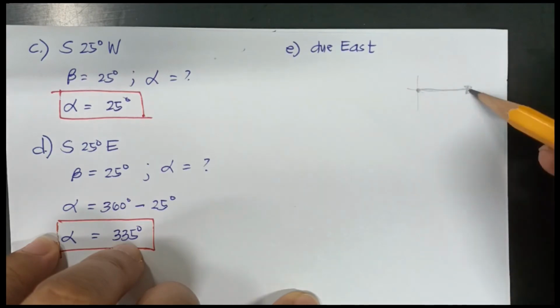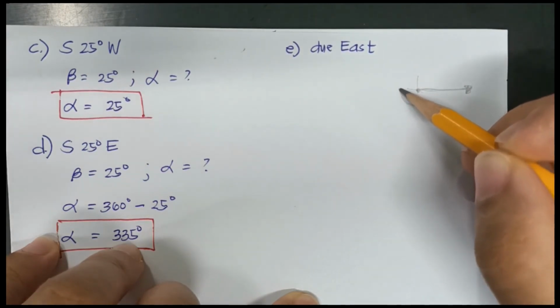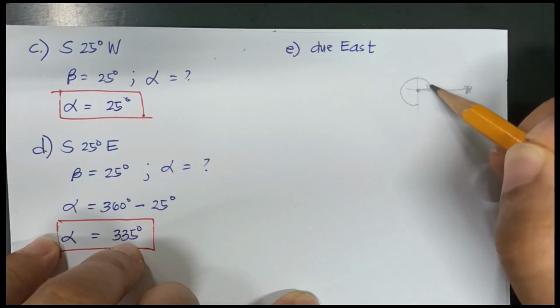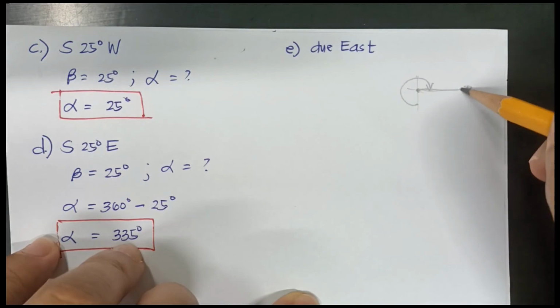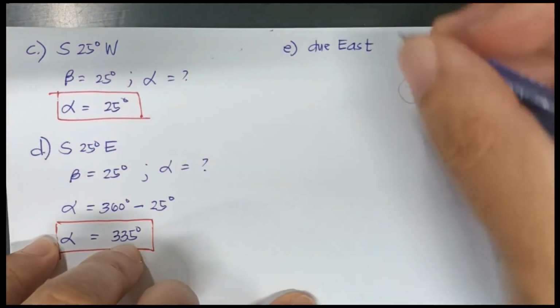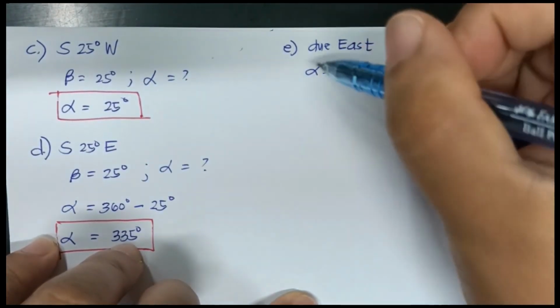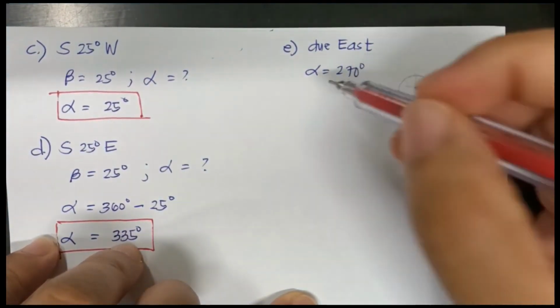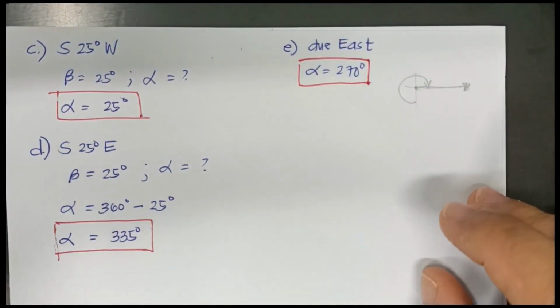You start from here and then go in clockwise direction. You have 90, this is 180, and then that is equal to 270 degrees. So the azimuth for due east bearing is 270 degrees.